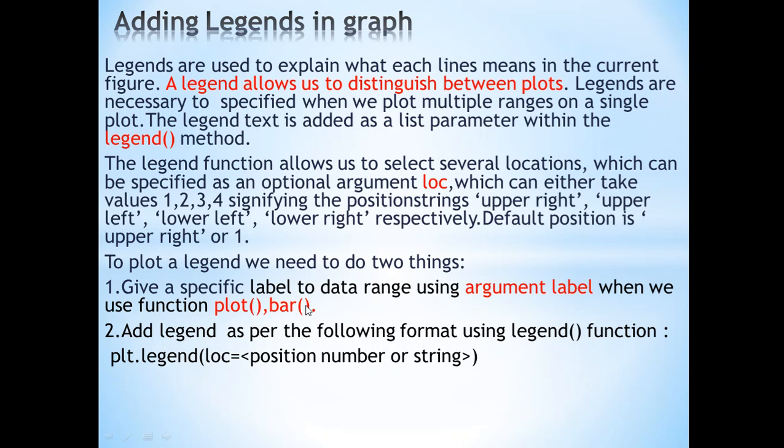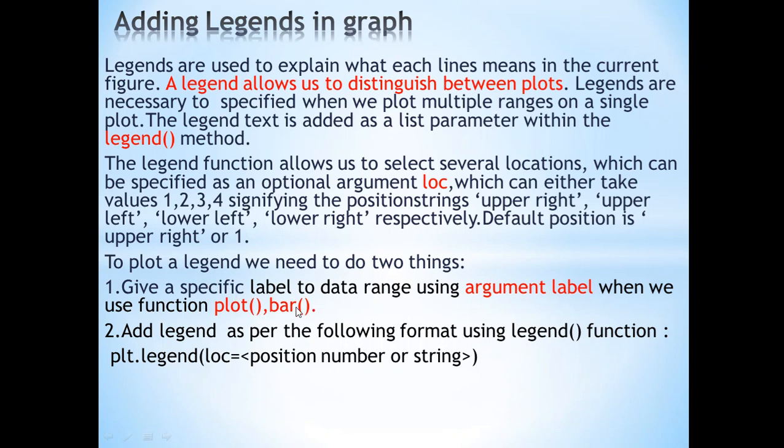It means when you use the plot function to plot a line chart, or the bar function to plot a bar graph, in this very function you have to use the argument label. Whatever you specify in the label argument of these two functions, that label value will appear as a legend.